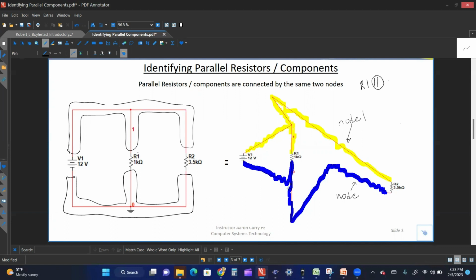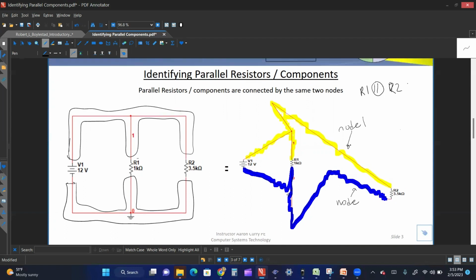So R1 is in parallel with R2. Then if you wanted to, which is also in parallel with V1, or the source voltage.